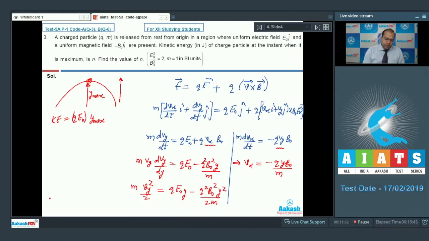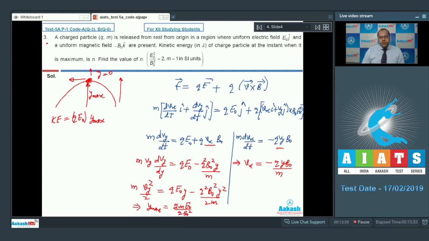At the moment when the particle reaches this position, the velocity is in this direction, so the vertical component Vy becomes 0 at this moment. If I substitute the value of Vy to be 0, the y maximum coordinate comes out to be 2m E0 divided by q into B0 square.